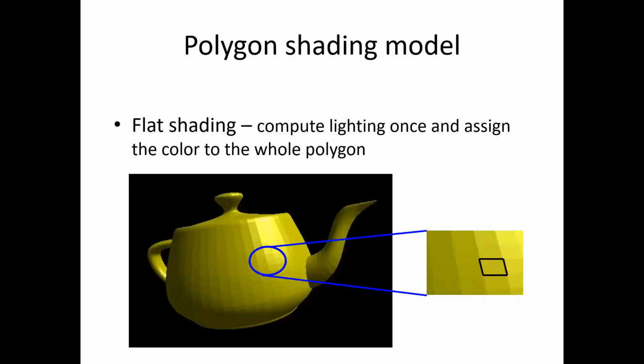Now we are going to see mainly three variants of shading model out of the many which exist, and the most basic of them is the flat shading model. This is the kettle under consideration, and if you view it properly, you find that it is made up of many polygons.